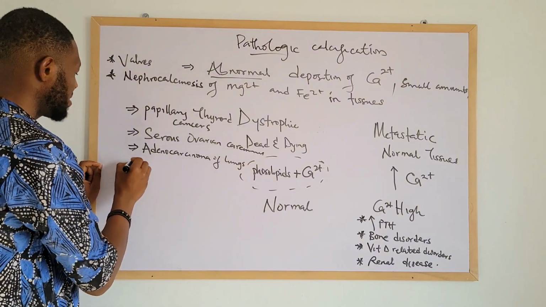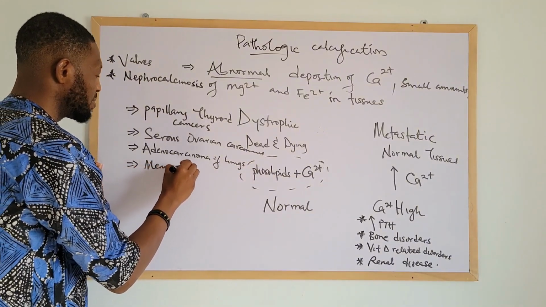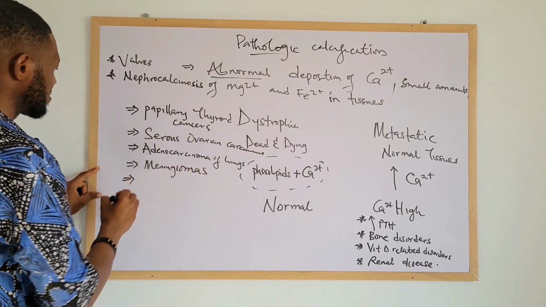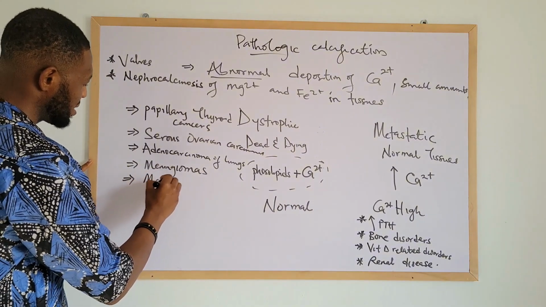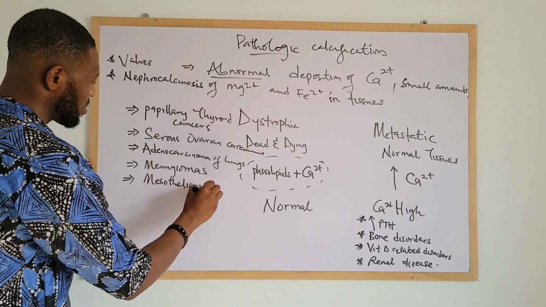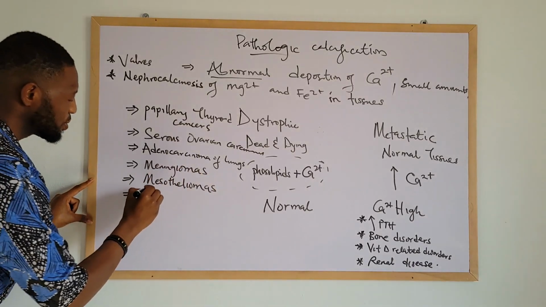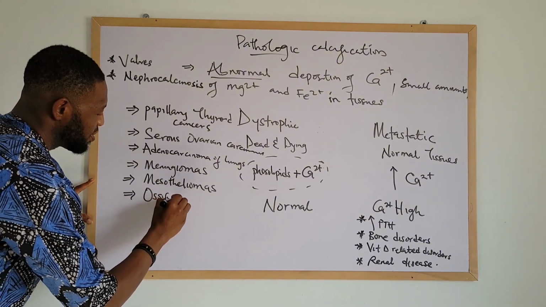We can see them in meningiomas. We can see them in mesotheliomas. We can see them in ossifying fibromas.